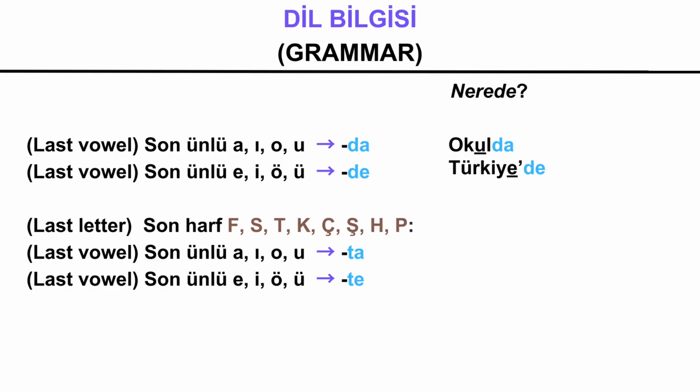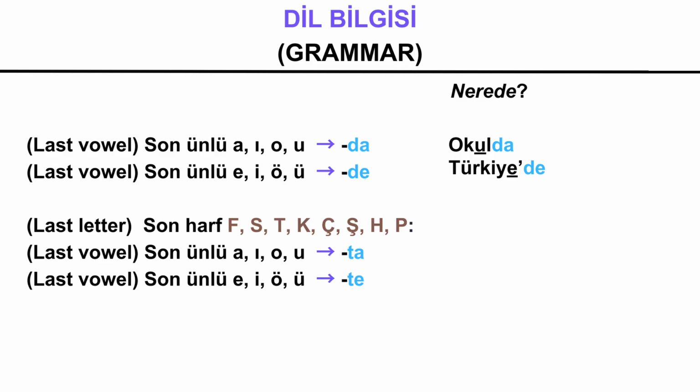Now we are moving to the tricky part. We need to look at the last letter sometimes. If the last letter is either f, s, t, k, ç, ş, h, or p, and the last vowel is either a, ı, o, u, then we need to use ta.